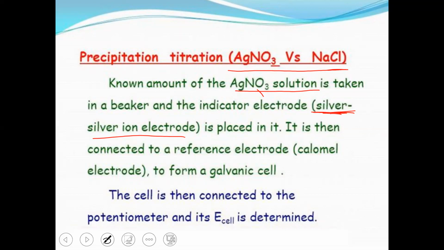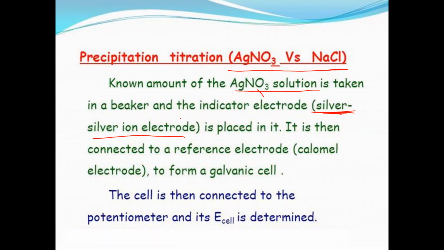After setting this up, after connecting both the indicator electrode and the calomel electrode, the cell is connected to the potentiometer and the E cell is determined.